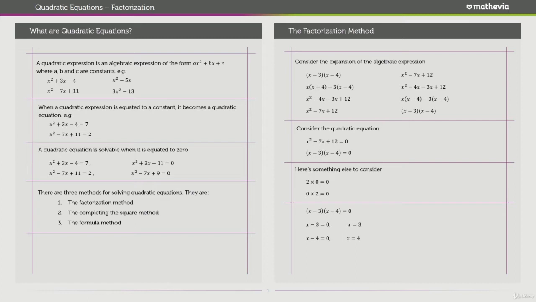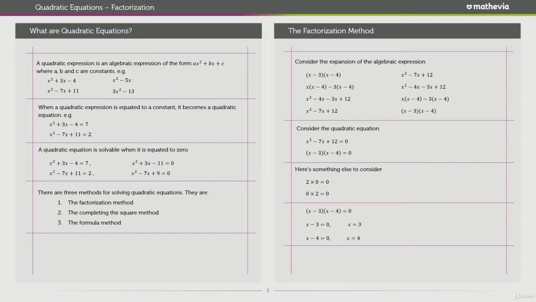Okay, so basically we have x minus 3 equals 0, we solve that and we have x equals 3, or x minus 4 equals 0 and we have x equals 4. And basically we have a solution to x squared minus 7x plus 12 equals 0 as x equals 3 or x equals 4.